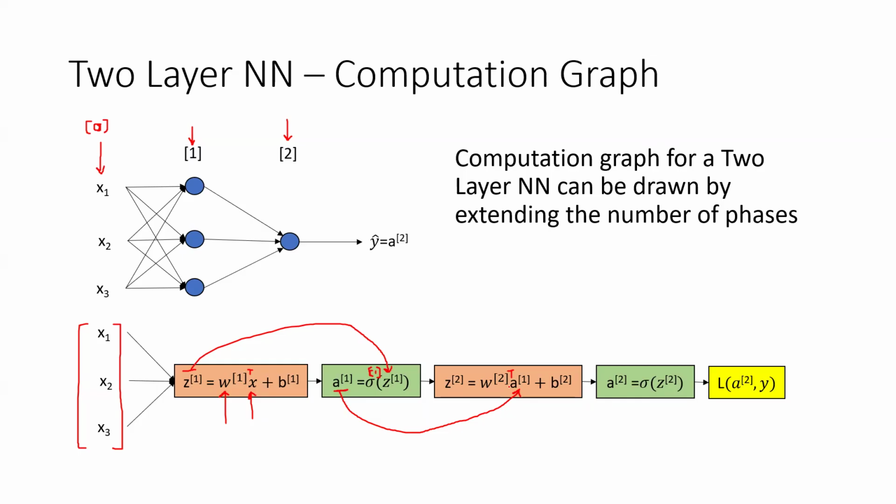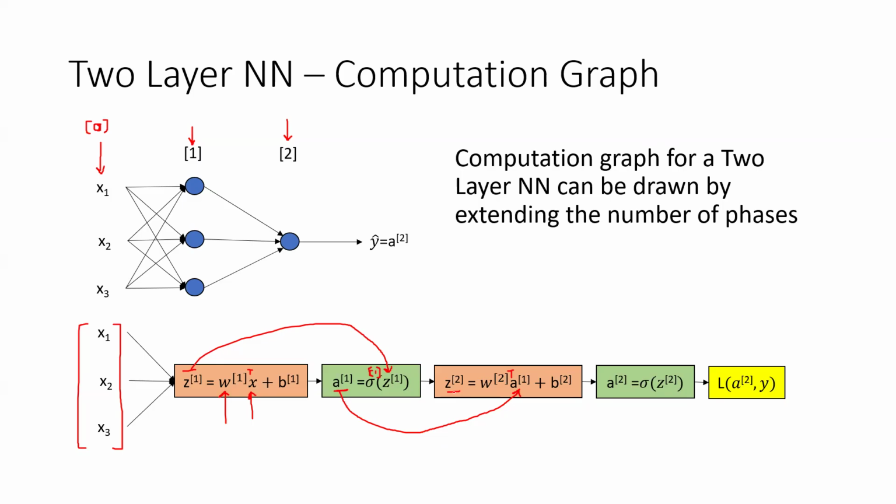And we take the dot product with the second layer's weight vector, which is W2, and we take the transpose of it and we take the dot product, and then we add the bias of the second layer, right? And you will get the Z value for the second layer as usual, right?